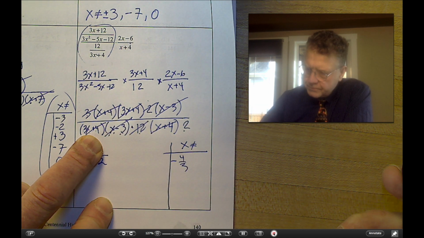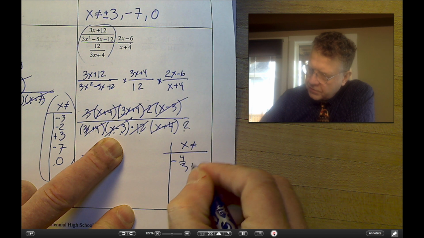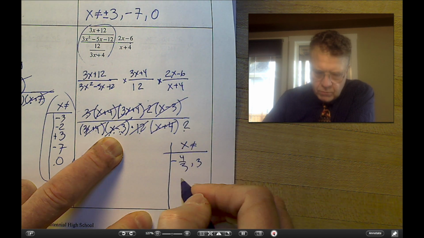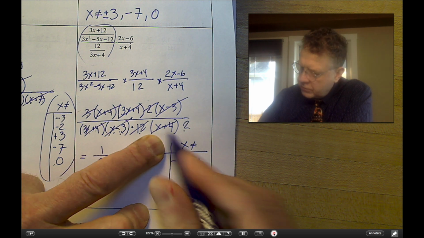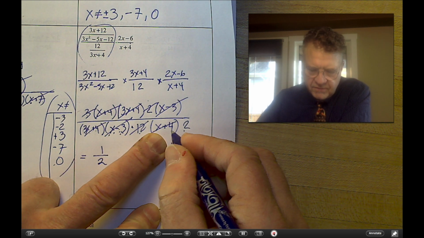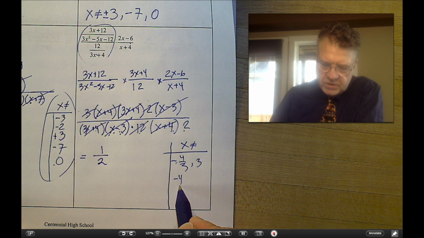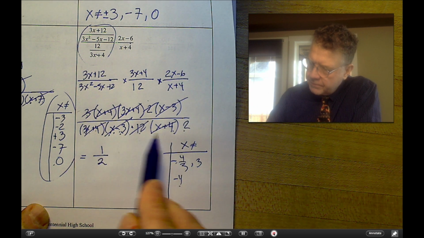What else? Well, x may not equal 3 because of this. If x was equal to 3, then that would be 0. Nor may x equal −4 because of this. All right? So there's 3 values of x which do not work because of this.